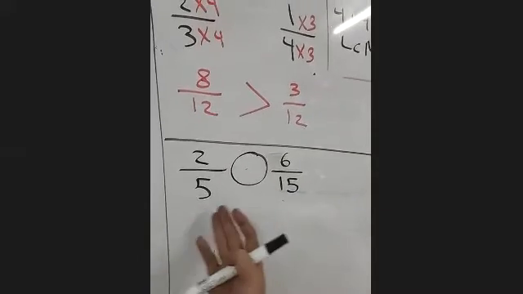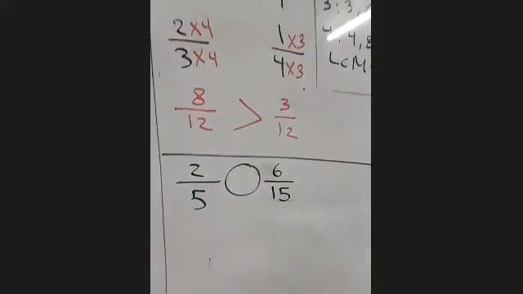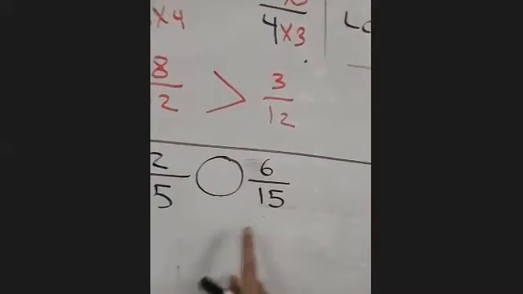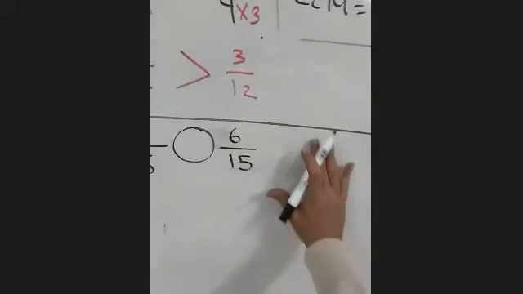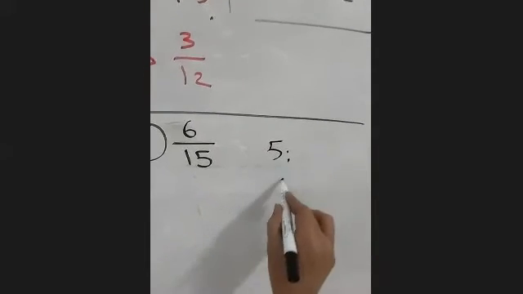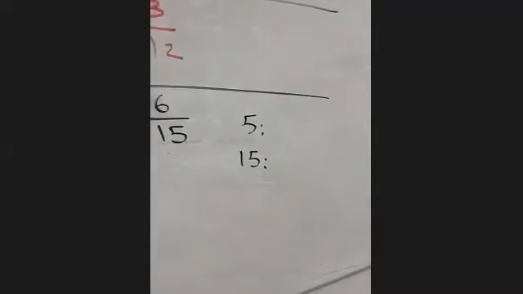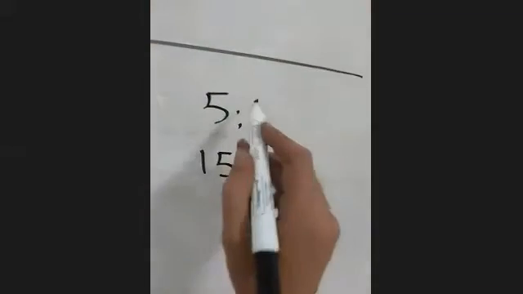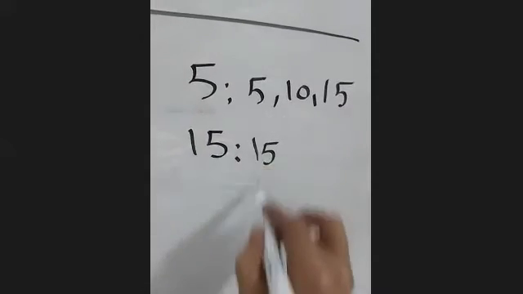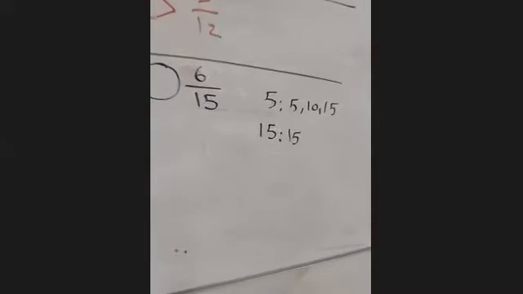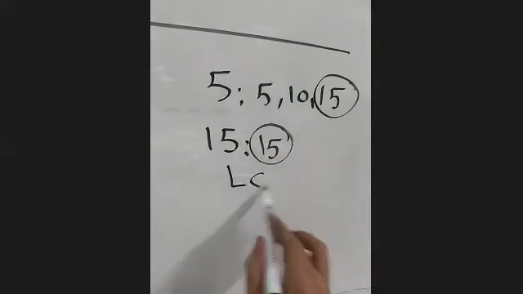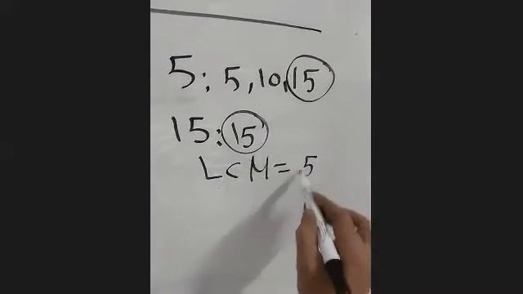I have different denominators, I cannot compare. In this case, I take the 5 and the 15 and find the least common multiple of them beside the question here. 5, 10, 15; 15. Once we find it, the least common multiple is 15.